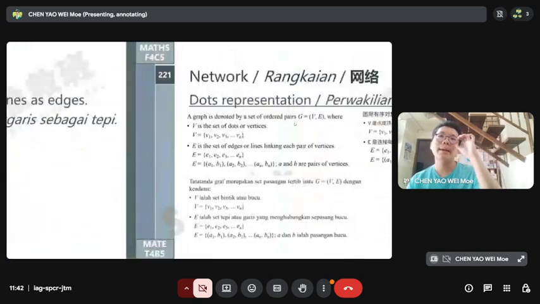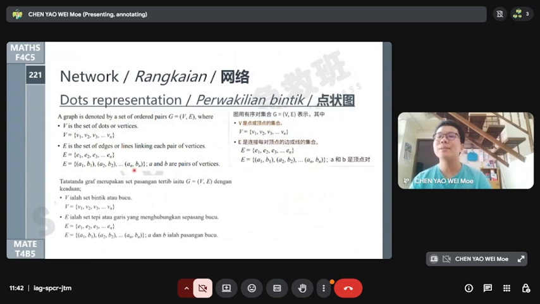We can represent the graph by using dot representation. V we call the vertices, G we call the graph. V is the set of the dots, or vertices.